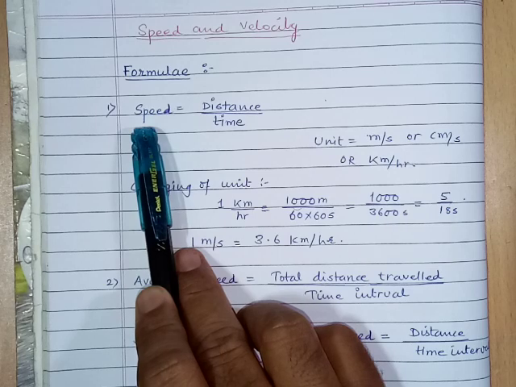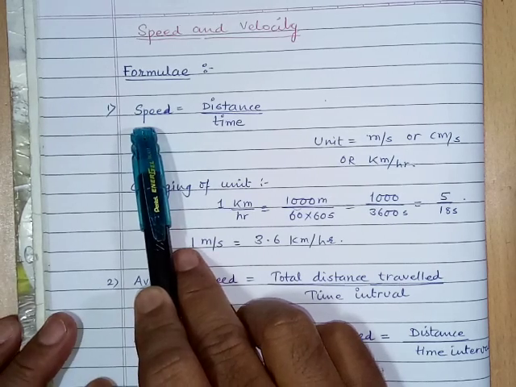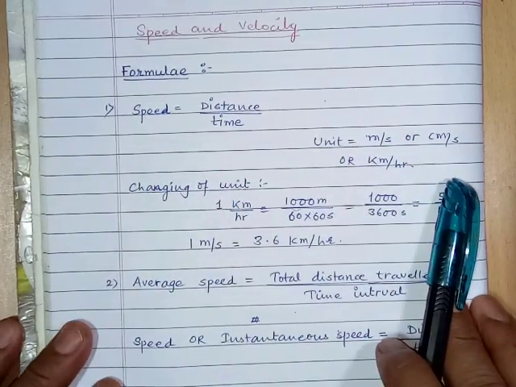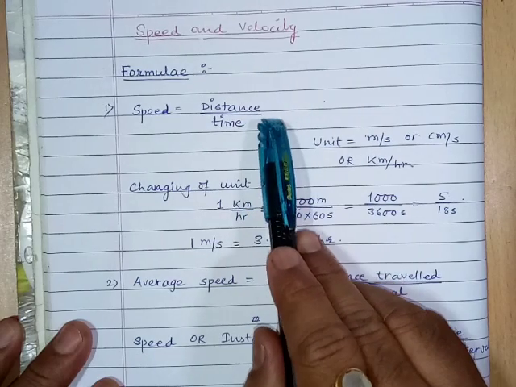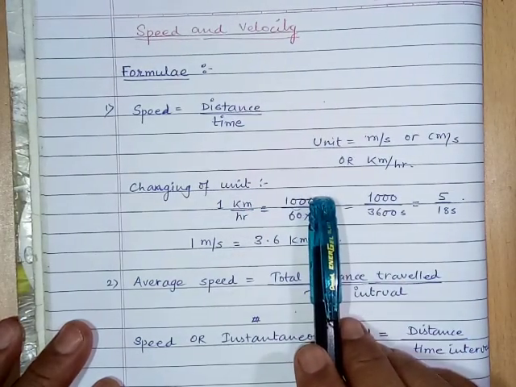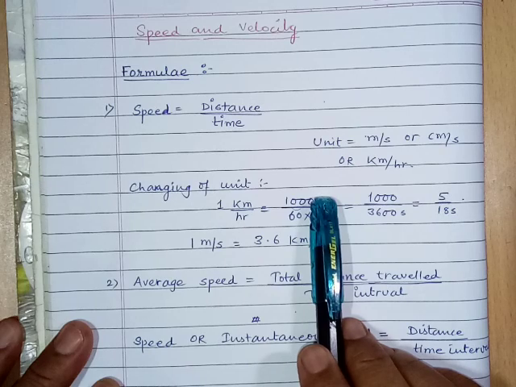Now whenever you are solving the problems, there are a few important things you should keep in mind: while solving the numerical you should see that all the given quantities are in one unit system. Normally we use the MKS unit system.